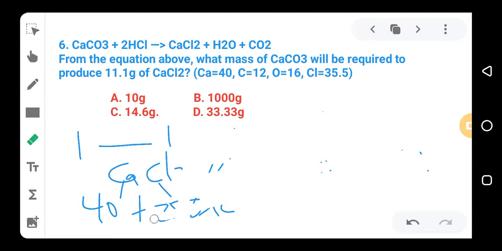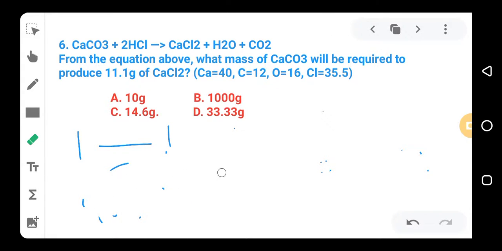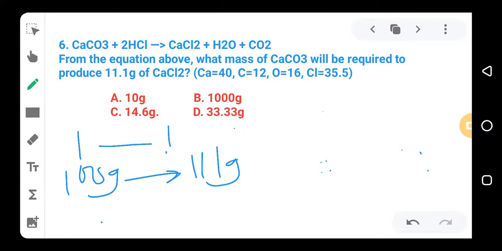So in essence, since 1 mole of CaCO3 gives us 1 mole of CaCl2, it means that 100 gram of this gives us 111 gram of CaCl2. Now in the question, we are asked what mass of CaCO3 will be required to produce 11.1 gram of CaCl2.